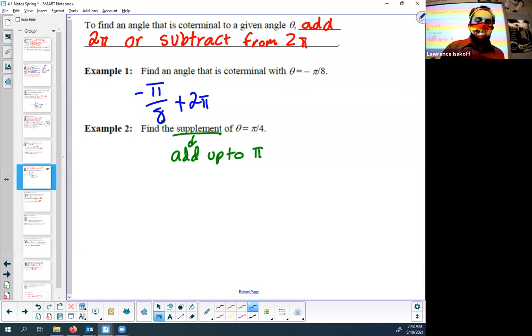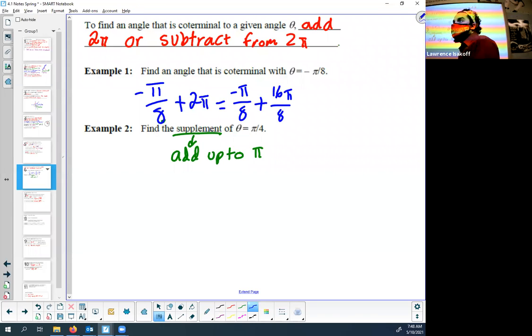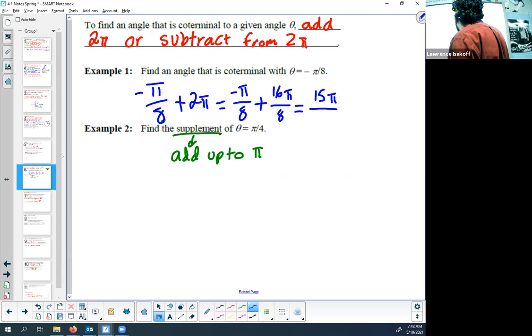Now, this will require you to add some fractions. I want a common denominator of 8, so instead of pi over 2, I can add 8 pi over 8, and when I do that, that gives me 15 pi over 8.